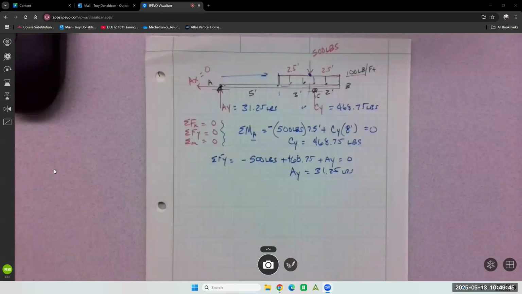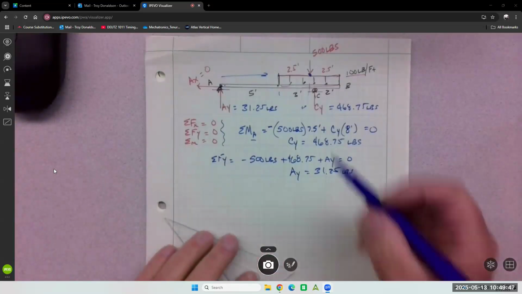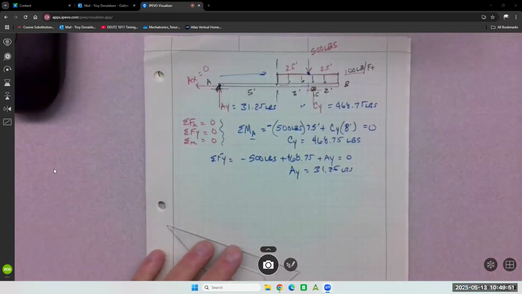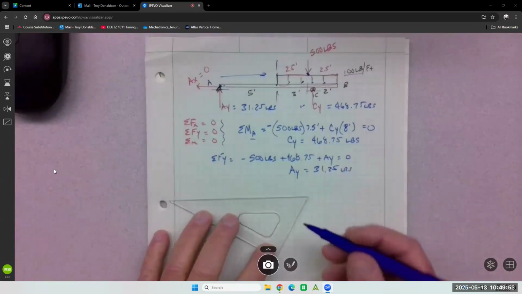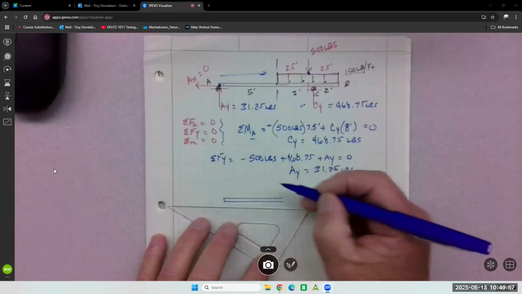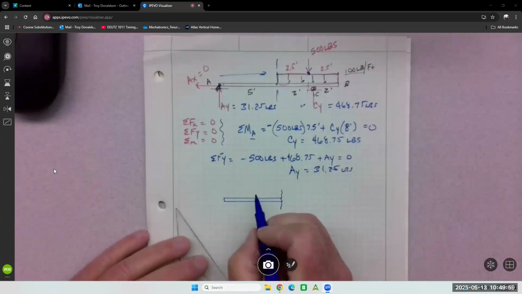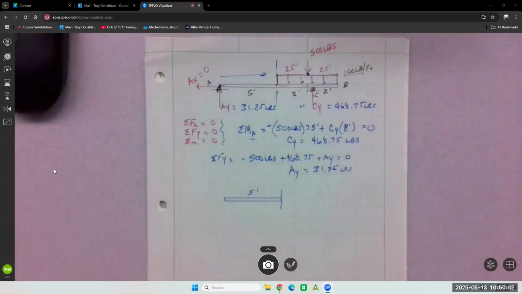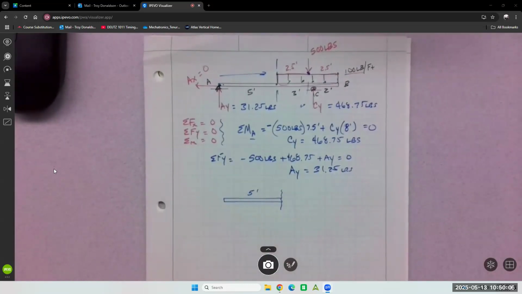So at 5 feet, the way you do this is you literally cut the beam. You section it wherever you want to learn about it. So I'm going to cut it at 5 feet and I'm going to draw a new free body diagram. So this is my 5 foot section. And you put all the forces on that exist.